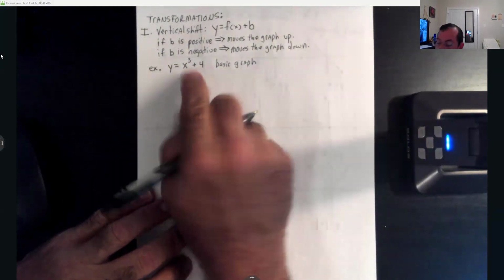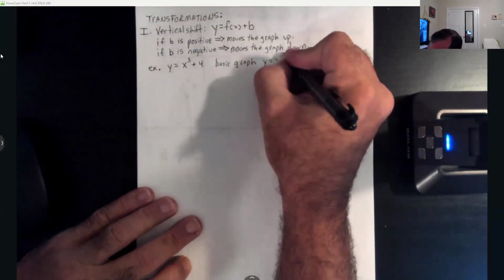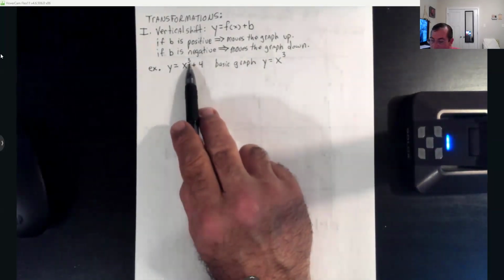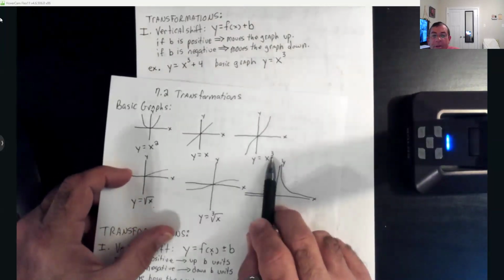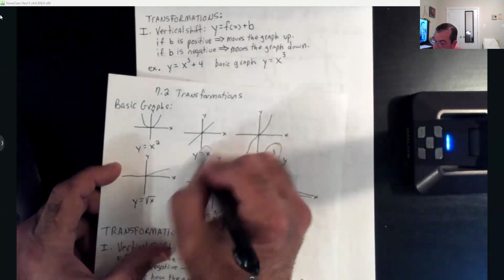The basic graph it's starting with is y equals x to the third. So y'all, since you see that exponent 3 there, that means it's going to be my cube function, okay? So the function's got to start out with one of these, okay?